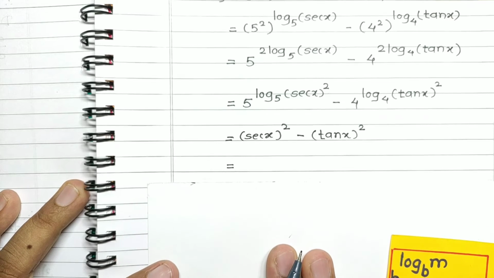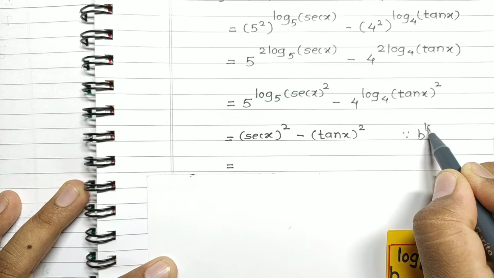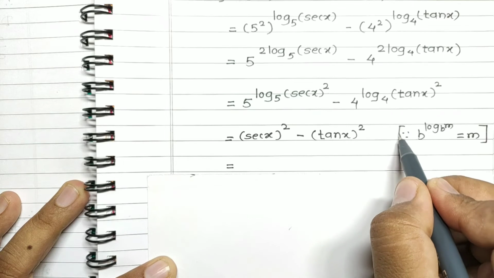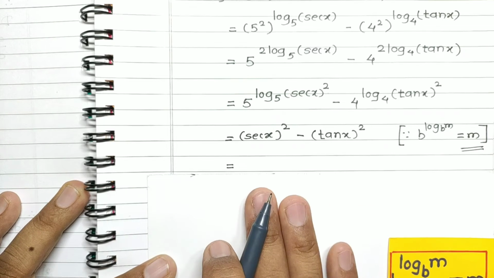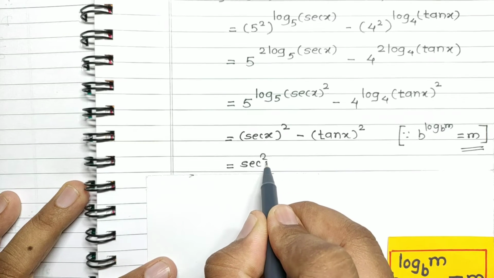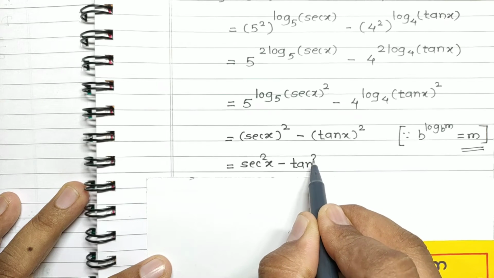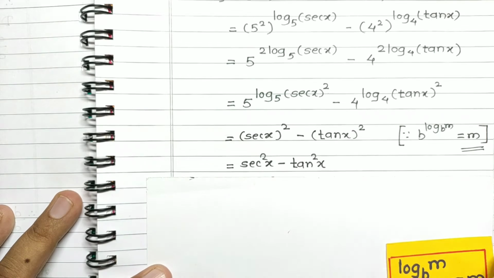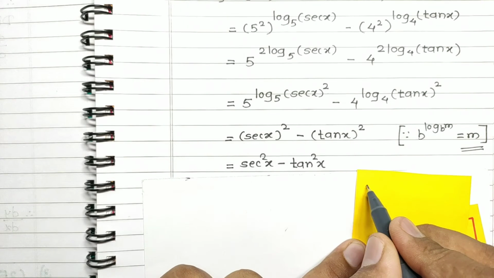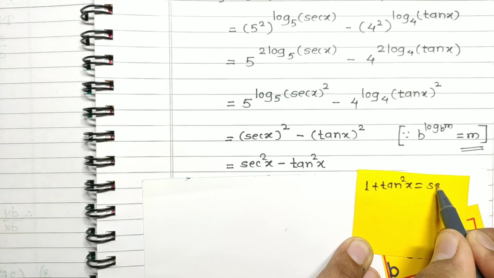So we can write here the reason also: since b raised to log of m to the base b, we write it as m. This is an important step. So we can write this sec x bracket square as sec square of x minus tan x bracket square as tan square of x. We know the identity in trigonometry: 1 plus tan square x is equal to sec square of x.